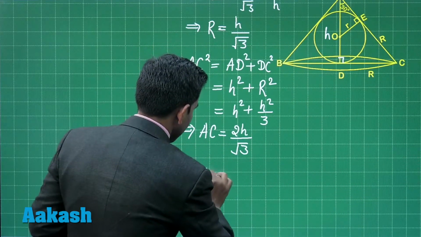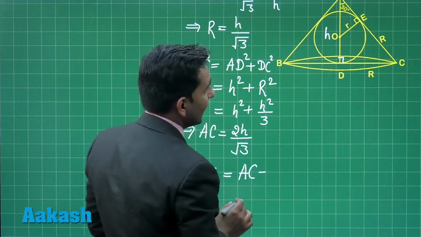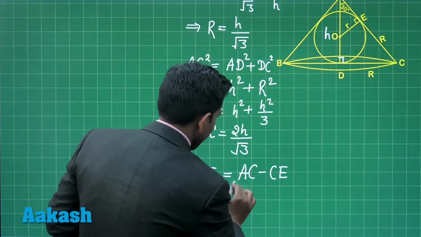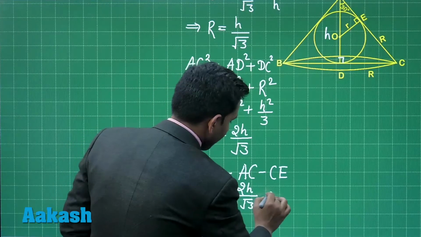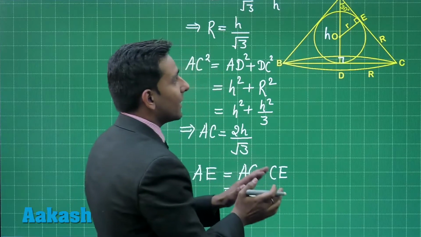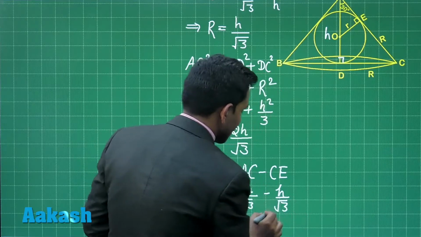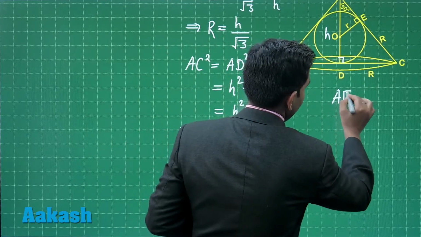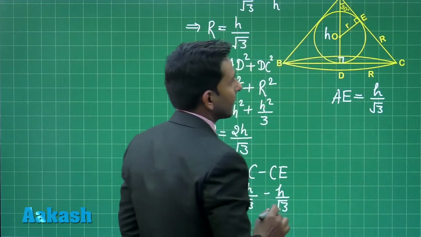The length of AE is equal to the length of AC minus the length of CE. So AC is equal to 2h upon root 3 unit, minus CE, as we determined, is equal to R, and R is equal to h upon root 3. So ultimately here we are getting the length of line segment AE is equal to h upon root 3 unit.